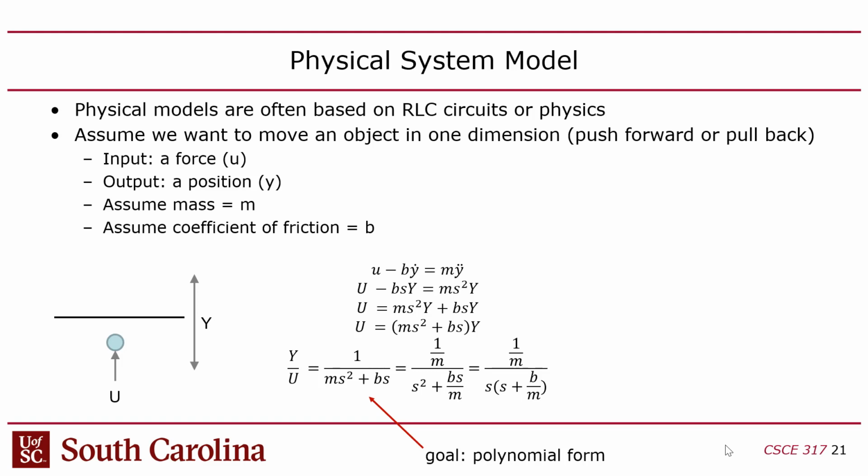You've got poles at s equals 0, and you've got a pole at s equals negative b over m, right? So this is actually an unstable system, believe it or not, because remember, if you've got a pole on the horizontal axis at 0, that's unstable.